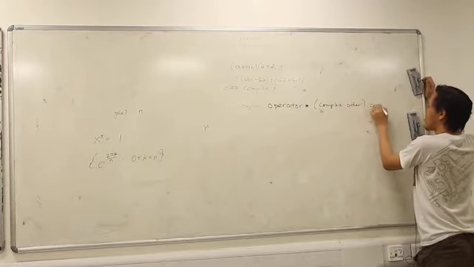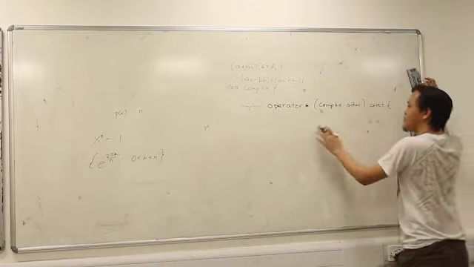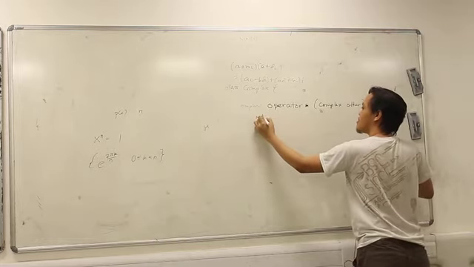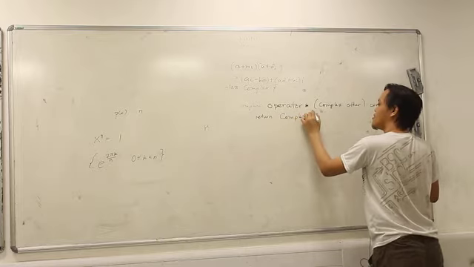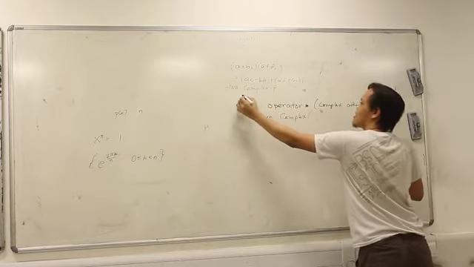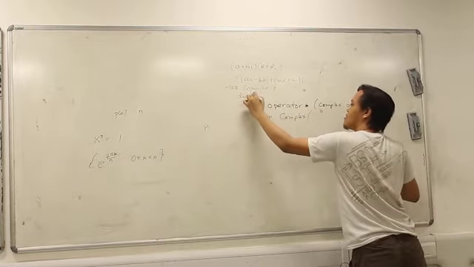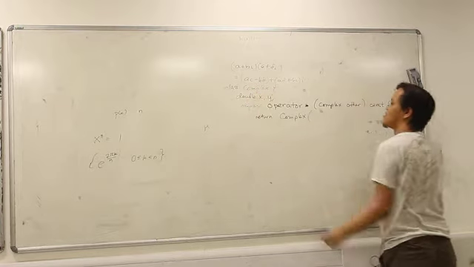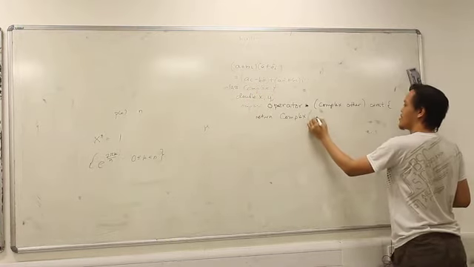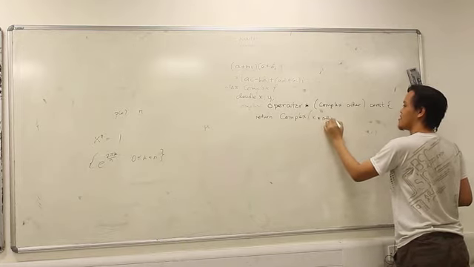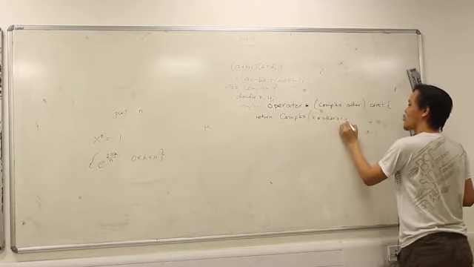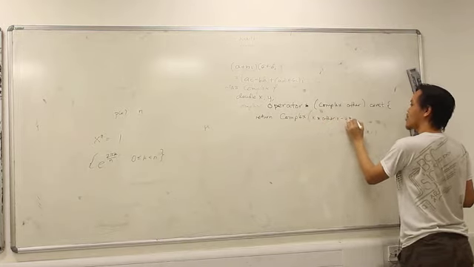Again, declare it as constant. And then you just return. Let's say you have double x, y here. Just return x plus x times other.x minus y times other.y.